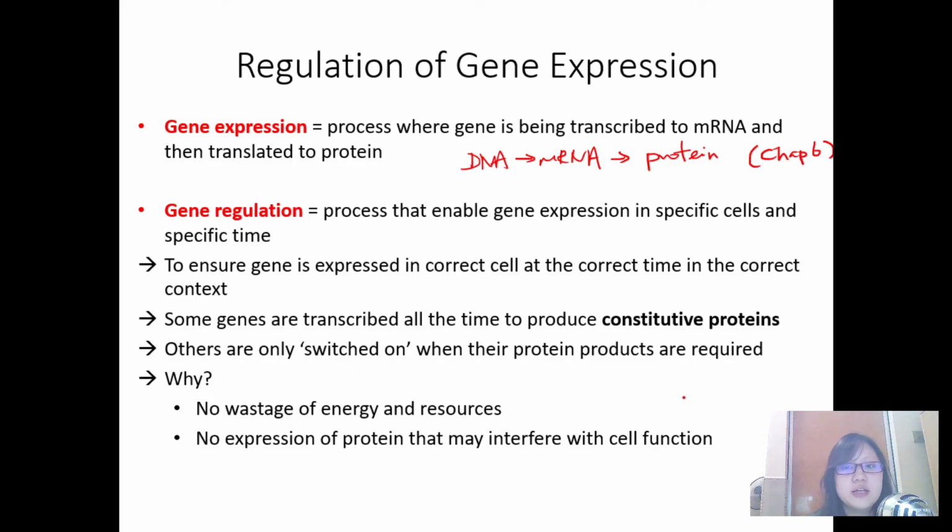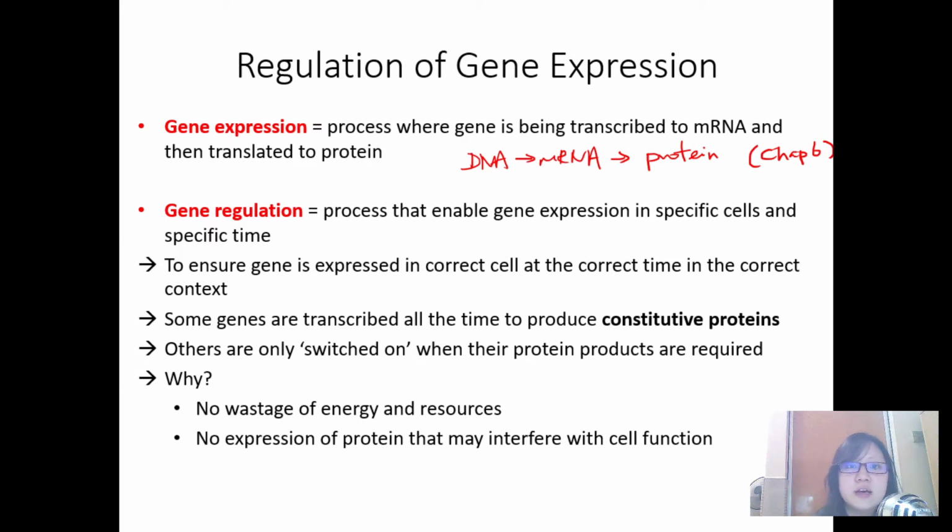If it's not required, it should switch off. With gene regulation in place, with our cell having certain control mechanisms to cater to different functions, no expression of protein will interfere with the current cell function. I hope that makes sense. So this is gene control or gene regulation.